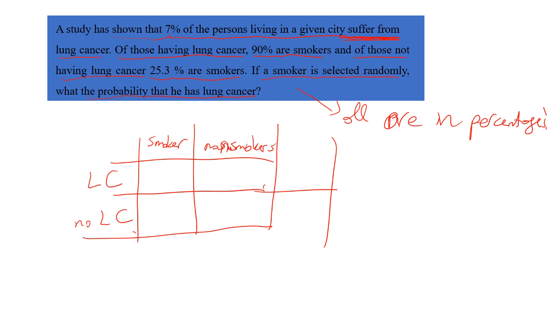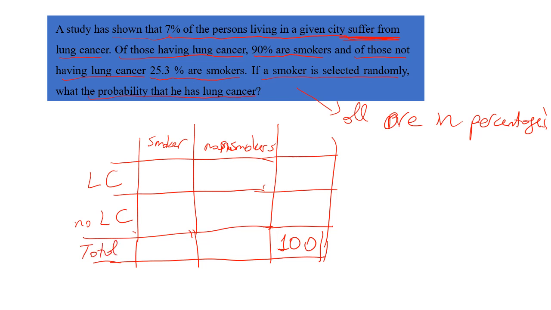We can start by assuming the total is 100, the total number of people in the city. Let's write this as the total here. So we assume that all people in the town or city is 100.